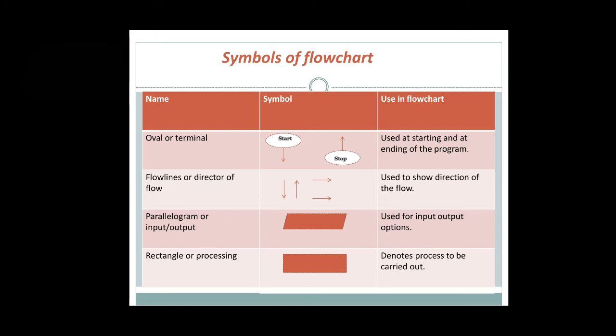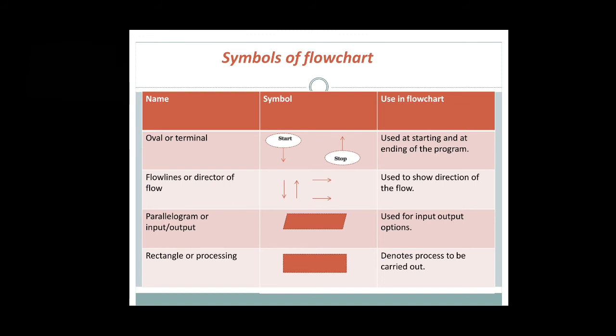Symbols of a flowchart. First one is a terminal or an oval. Terminal indicates the beginning or end of the program. Then second one, director of flow or flow lines. Director of flow indicates the direction of the processing or flow of control.